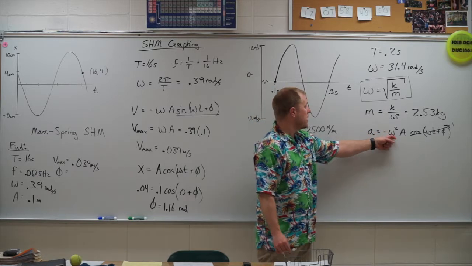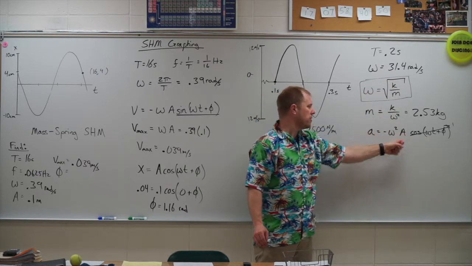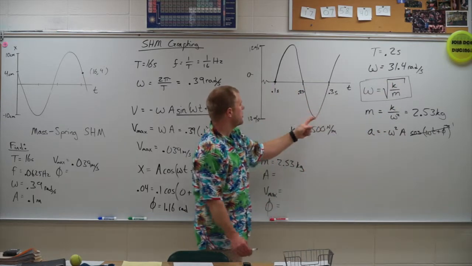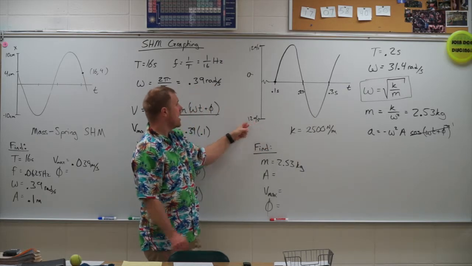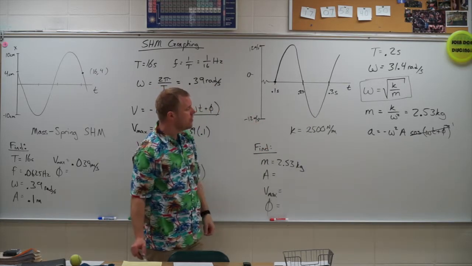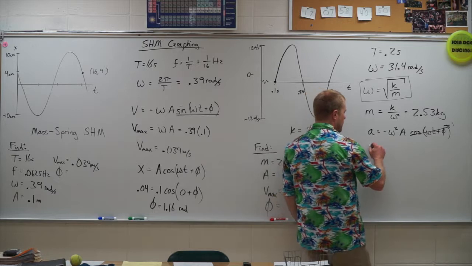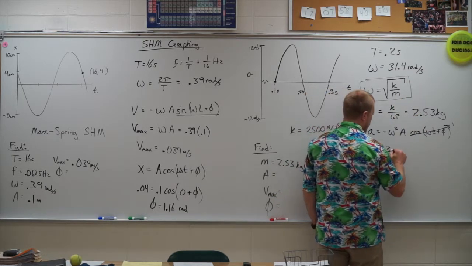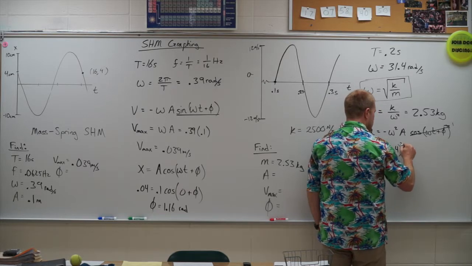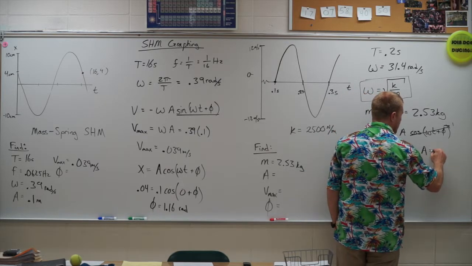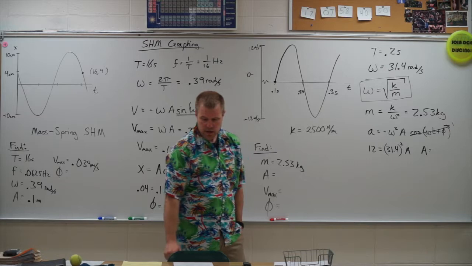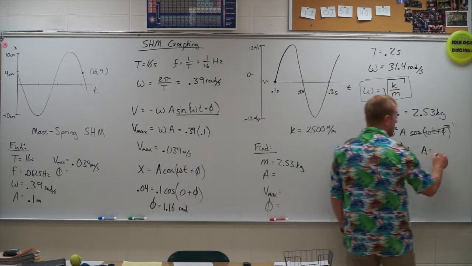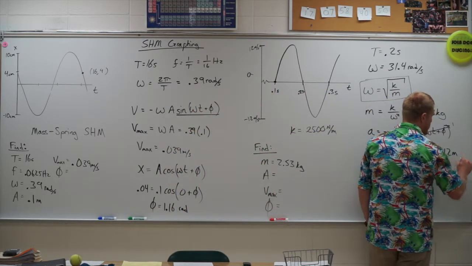I know my omega value is 31.4, and I can figure out the maximum acceleration from my graph. It's negative 12 and positive 12. So I plug that in, and I get 12 is equal to omega, which was 31.4, squared times A, and I find my amplitude comes out to be 0.012 meters.